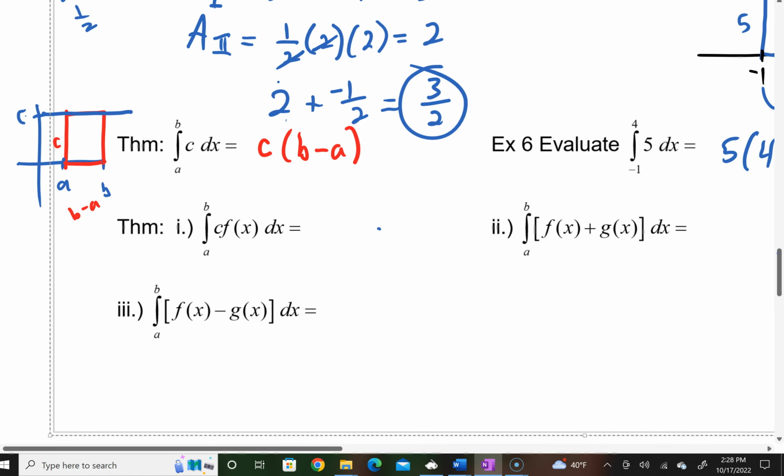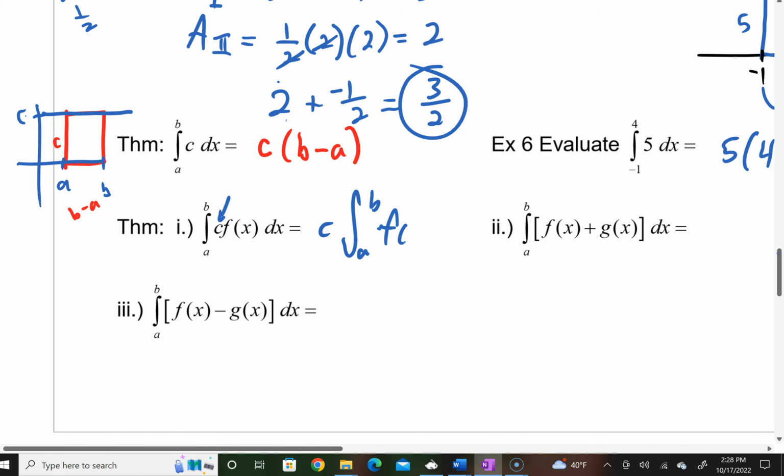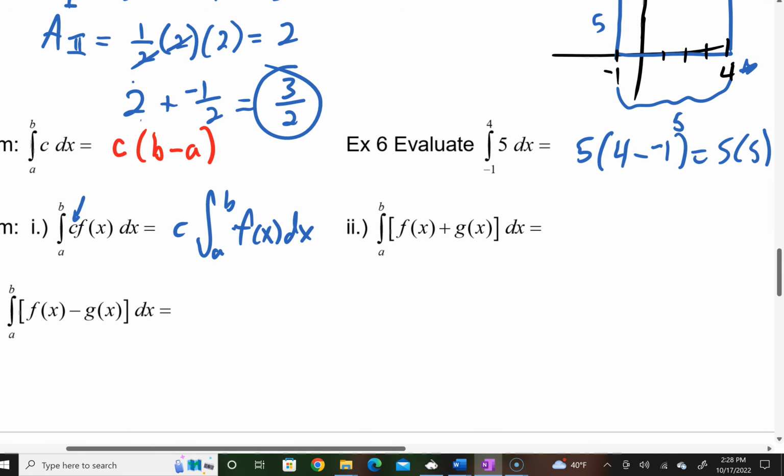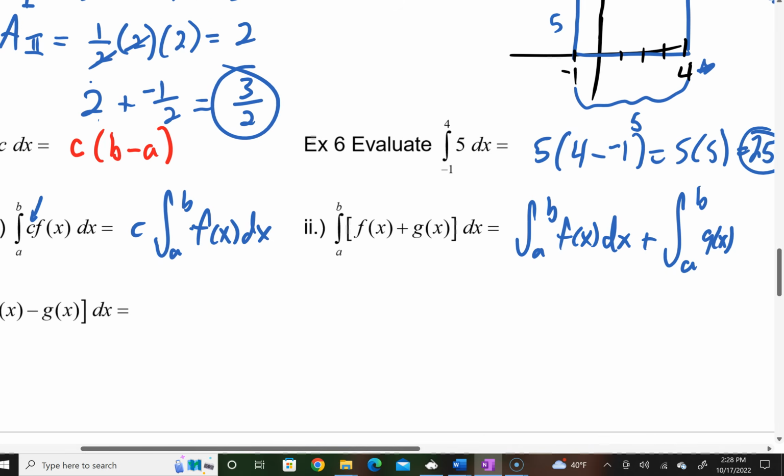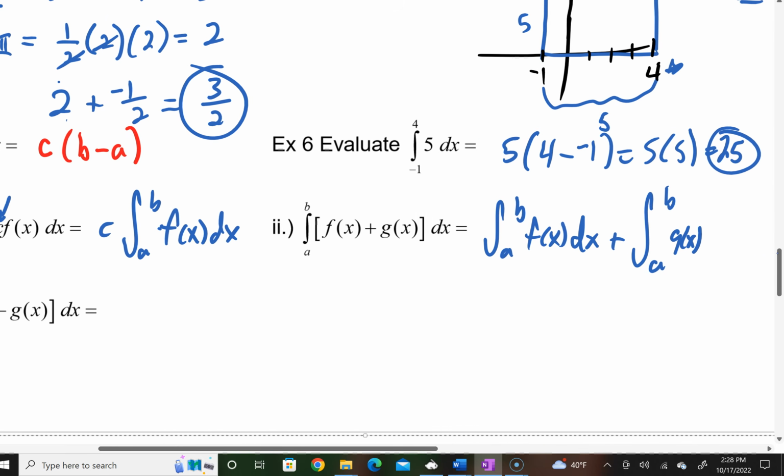Couple other properties. If you ever have a constant inside, feel free to pull that out. You're always welcome to do that. If you have an addition of two integrals, you could turn that into the sum of these two separate integrals. Look at that. That's kind of cool. Do you have to do that?